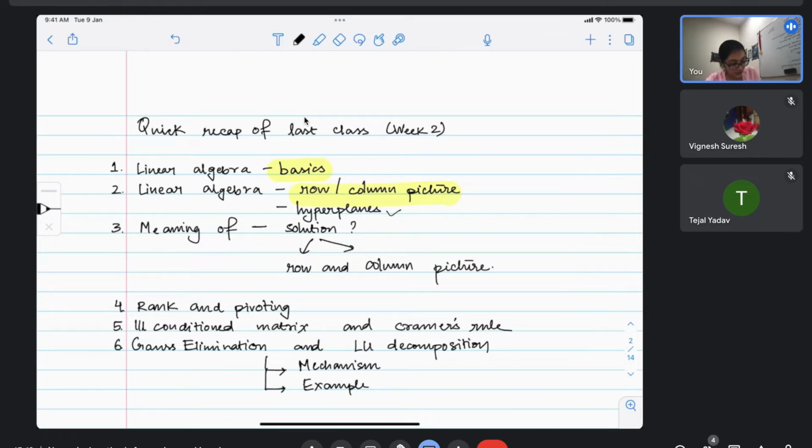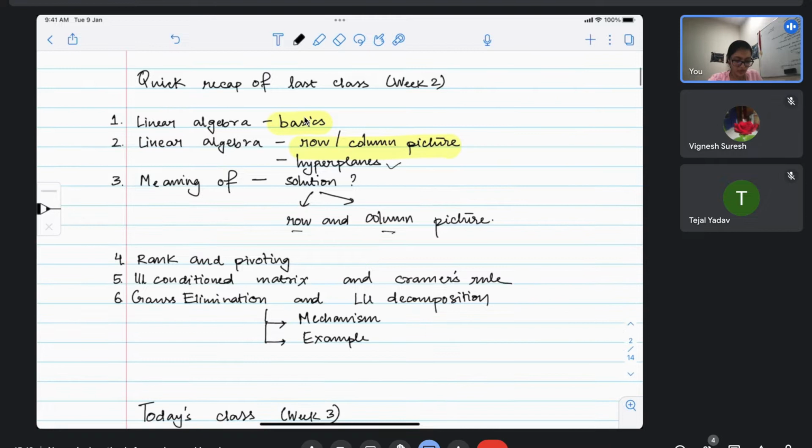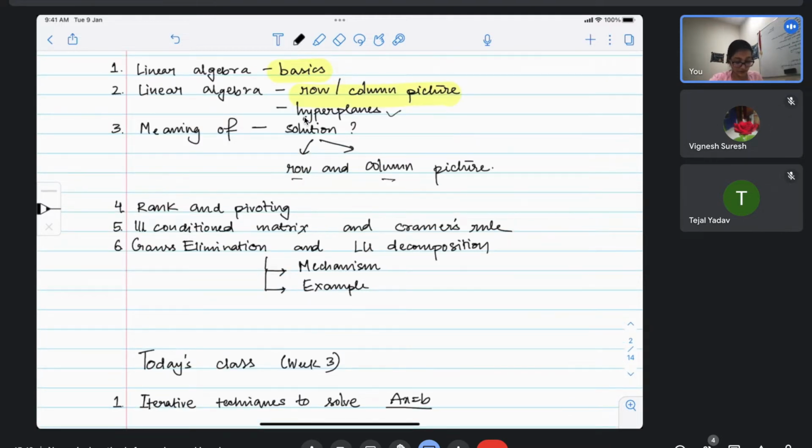We also saw the row picture and the column picture of the point when we are trying to solve these equations. Rohit, the other TA for the course, had taken up rank and pivoting, ill-conditioned matrix and Cramer's rule. And I had also explained a few algorithms on Gauss elimination and LU decomposition. The mechanism and one example Rohit took up.